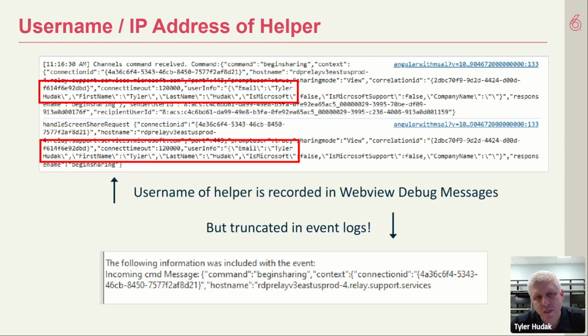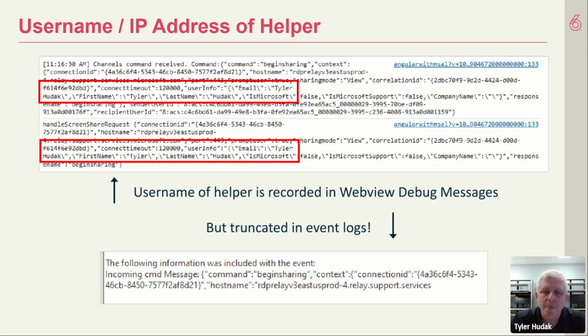Well, it turns out that on the sharer's PC, the PC that is connected to, within the WebView debug messages, it actually records the name of the person who logged in, like what the name of their Microsoft account is. So here you can see that when I was testing it out, it recorded that I was using my own personal Microsoft account for this.